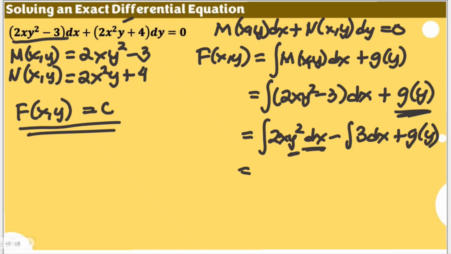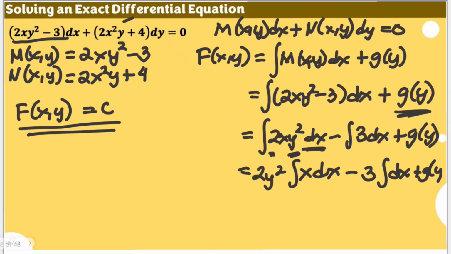So this y squared here is just a constant. Together with 2, you can bring that out, because we can always bring out the constant. You will have the integral of x dx. We're able to move y out because we are treating it as a constant in this case. Similarly, here we have 3 times the integral of dx, plus g of y.